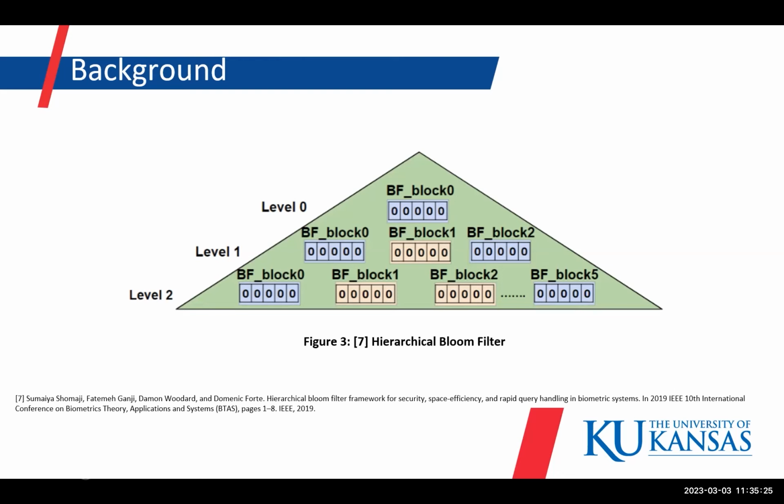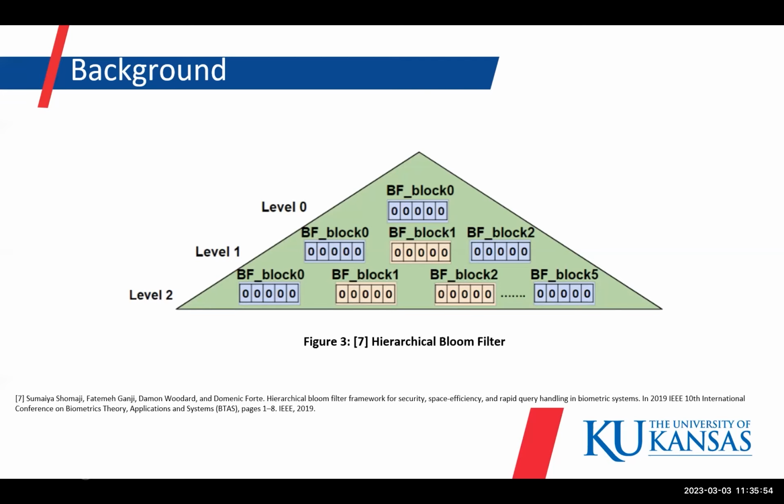When we consider a string and we are trying to store it, for example on level 0, we store the whole string in a single block of Bloom filtering. After that, as the levels increase, we divide the string and store it in different blocks of Bloom filters.